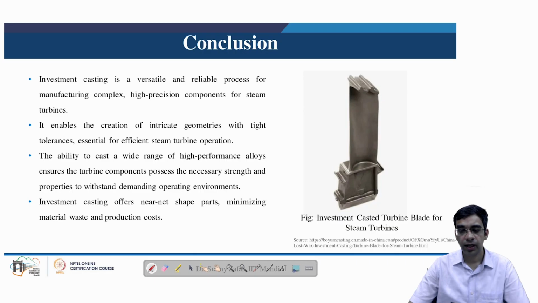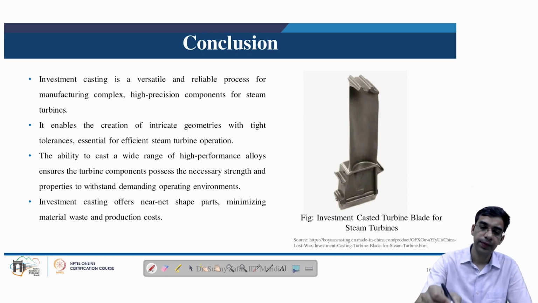It also helps to cast various alloys, nickel chromium alloy steels with necessary mechanical properties, which are able to withstand the demanding operating conditions. And near net shape helps to further minimize material waste and production cost in the steam turbine blades.